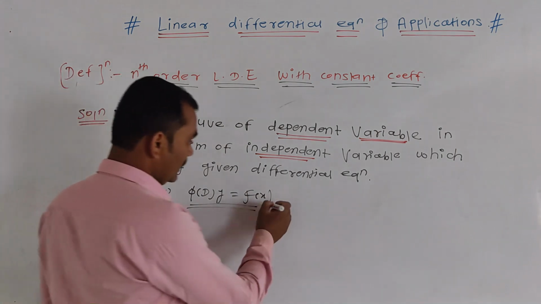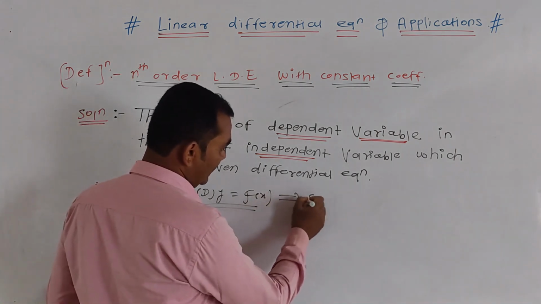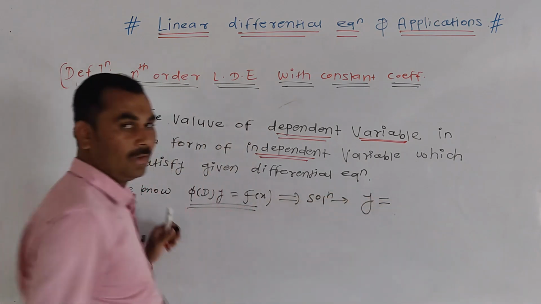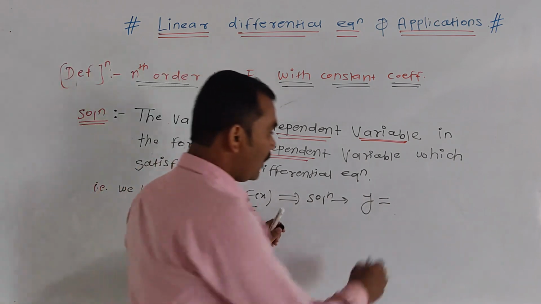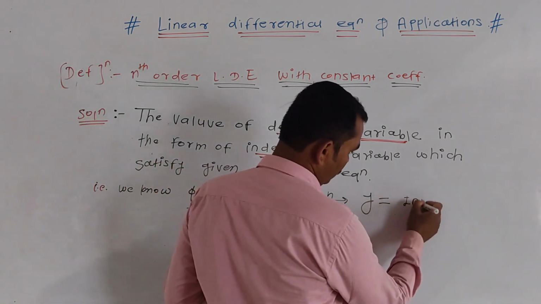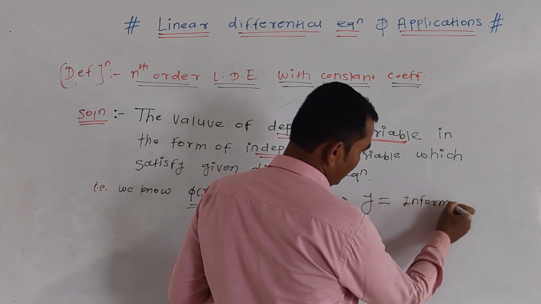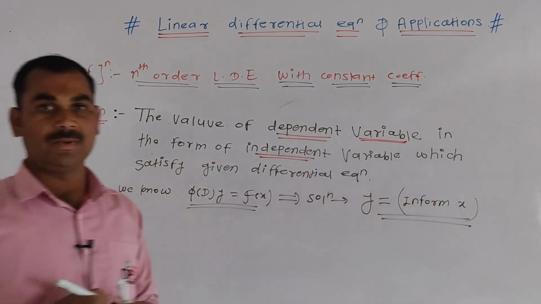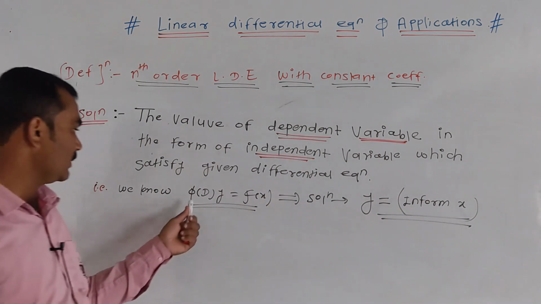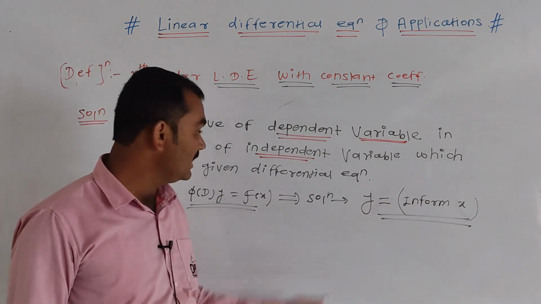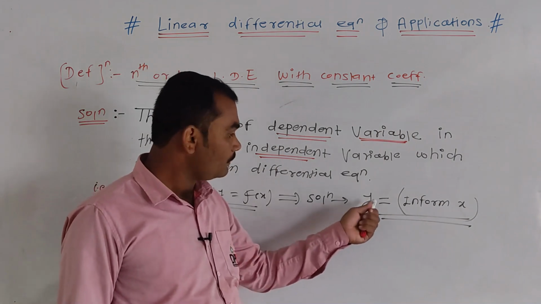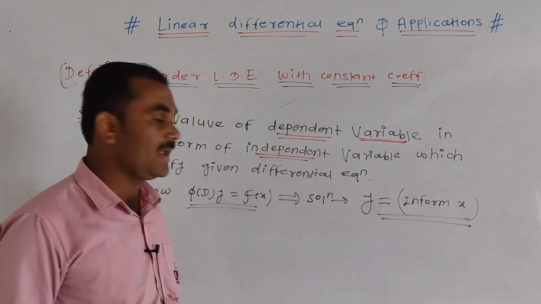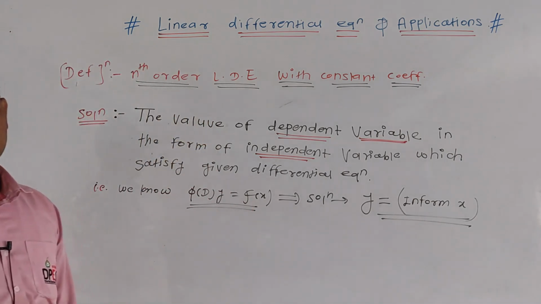Now in solution, we have to find the value of y in the form of x, which satisfy given differentiable equation. Okay, suppose this is your equation, phi of D into y is equal to f of x, then solution क्या जाएगा? The value of y in the form of x which satisfy given differentiable equation.